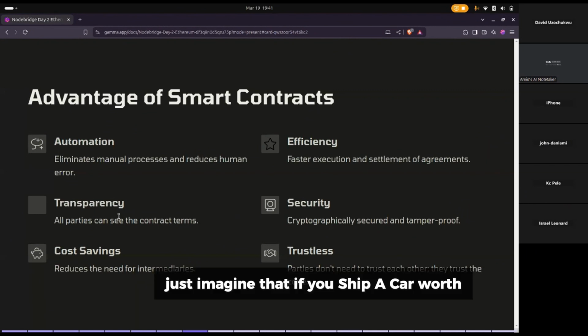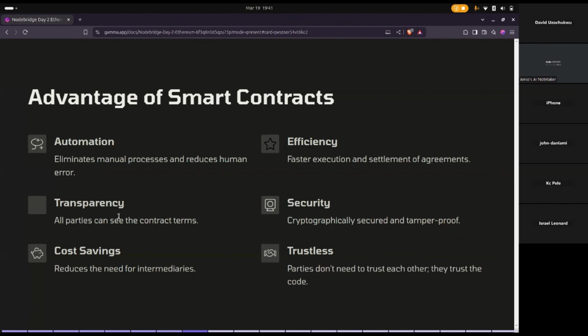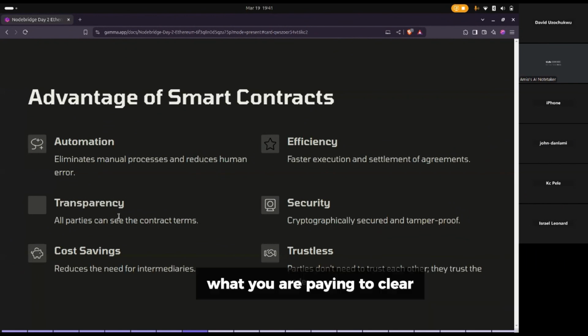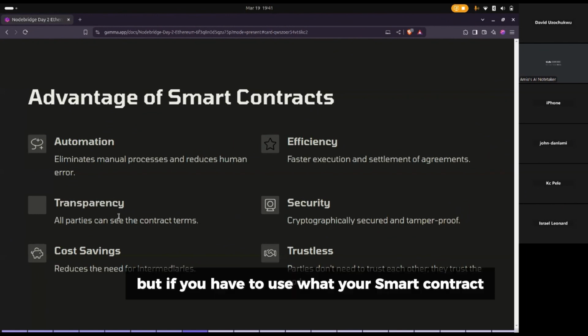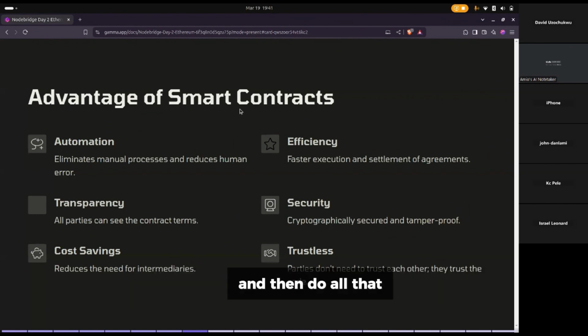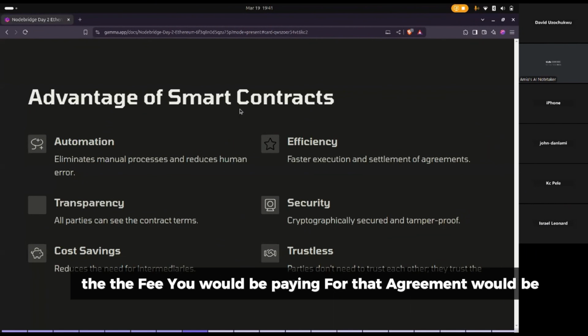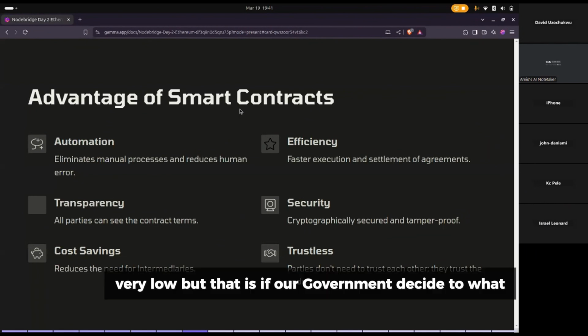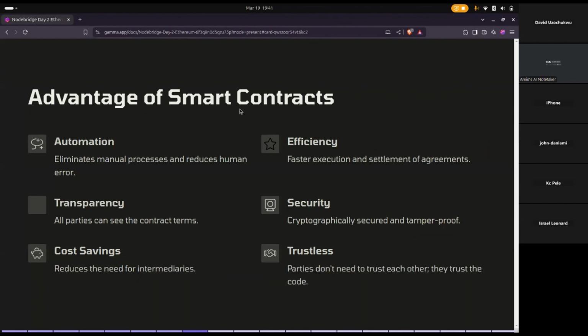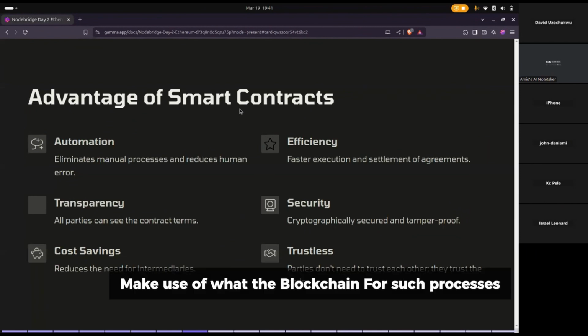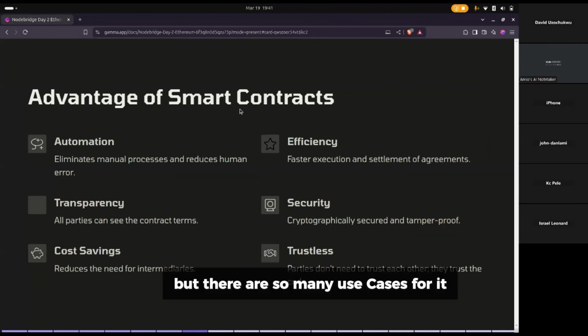Just imagine that if you ship a car worth $100,000, what you are paying to clear that is $100,000. But if you use a smart contract and do all that, the fee you would be paying for that agreement would be very low. But that is if our government decides to make use of the blockchain for such processes. But there are so many use cases for it.